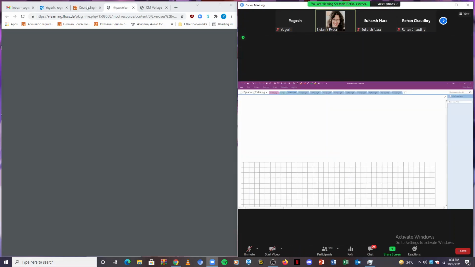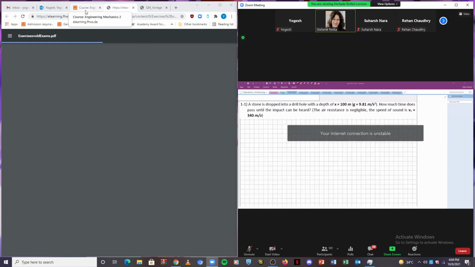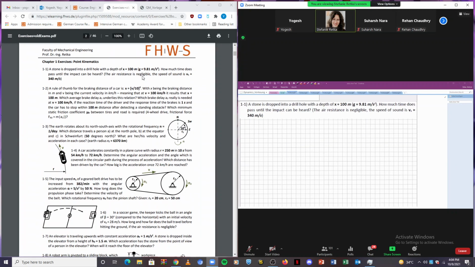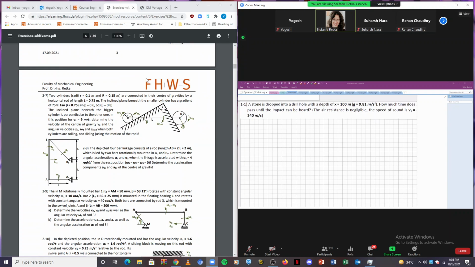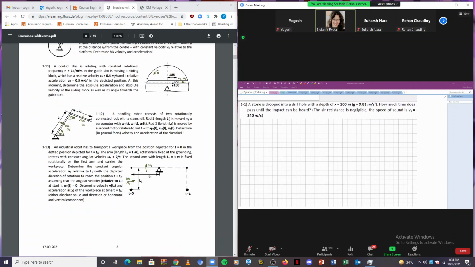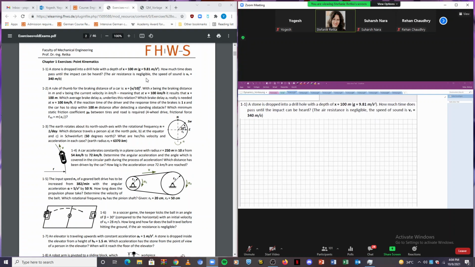A stone is dropped into a drill hole with a depth of 100 meters, and it is asked for the time that passes until the impact can be heard. Air resistance is negligible, speed of sound is given, and the gravitational constant is given as well.